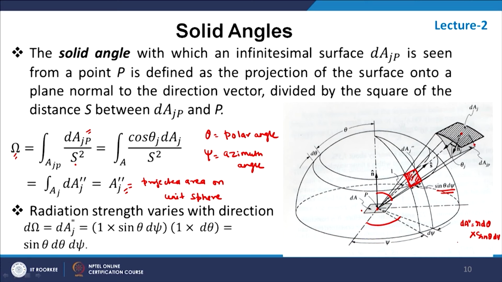Now, r is equal to 1. So, dA double prime is equal to sin theta d theta d psi, and that is basically this small solid angle. So, d omega is the small solid angle by which this small area dAj is seen from point P.